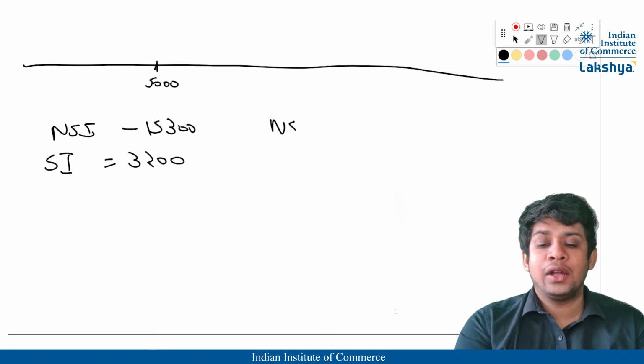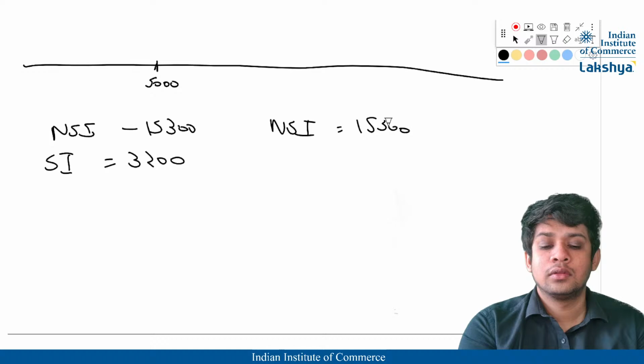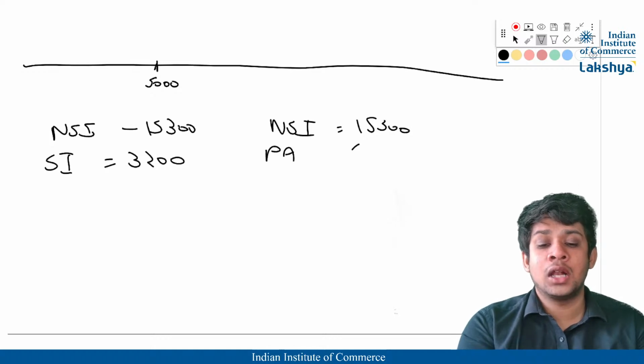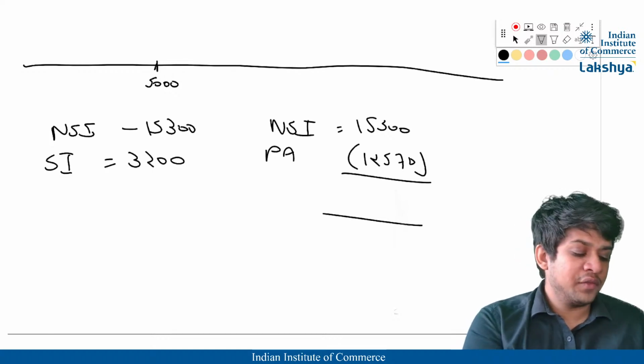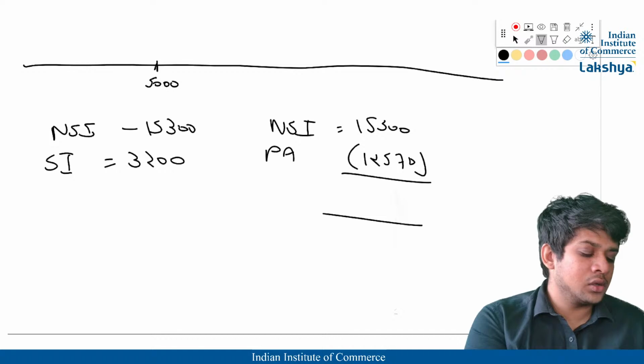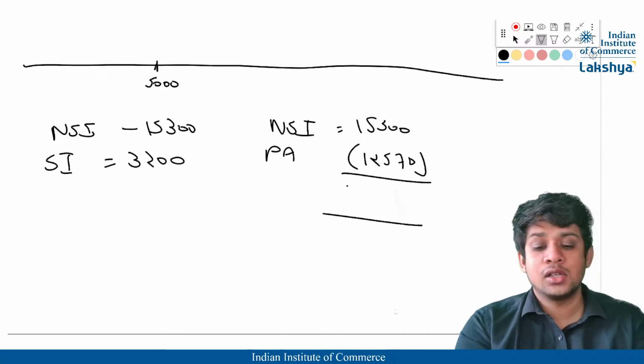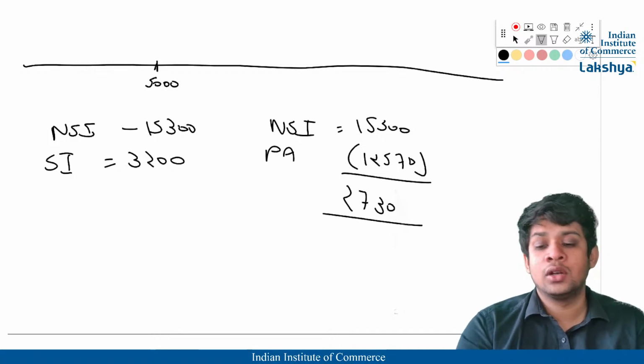From my non-savings income, firstly I'll deduct the personal allowance of 12,570, which gives me 15,300 minus 12,570, that is 2,730.